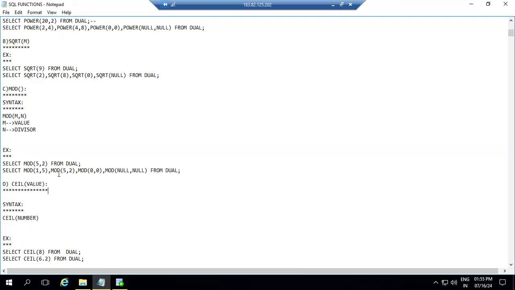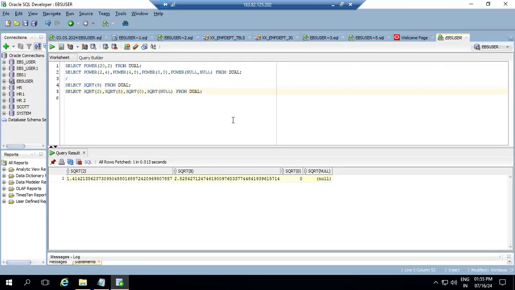So here we are using select mod of 5 comma 2 from dual. What happens in this case? When the value is 5 and the divisor is 2, how will it consider?